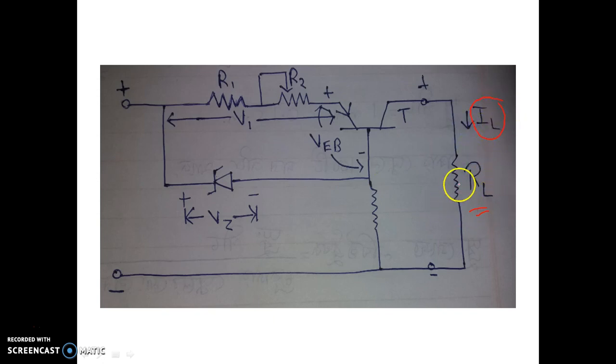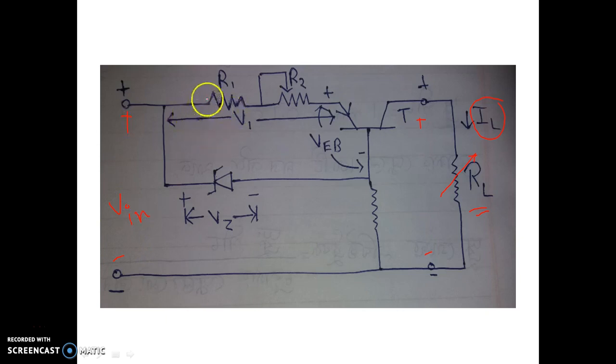Suppose the load resistor changes, due to temperature increase or some other reason, but across the load resistor the voltage is constant. So to avoid the change of IL, we can implement this circuit configuration. What is this? Let us check. See, here in this terminal we are giving Vin, that is the input voltage.